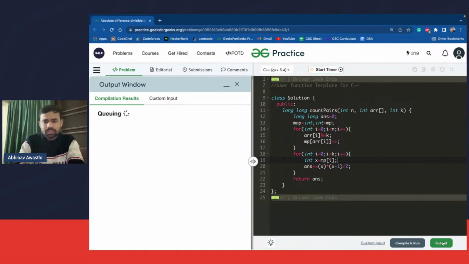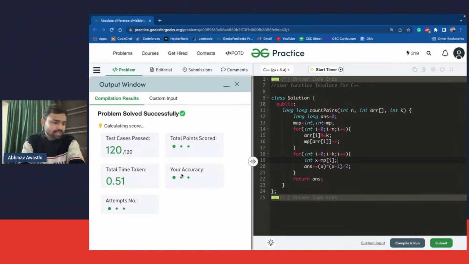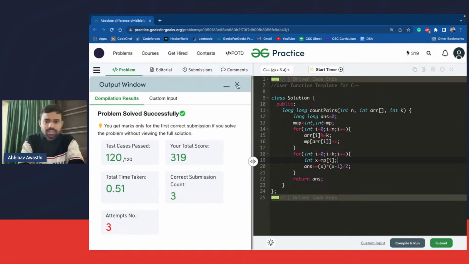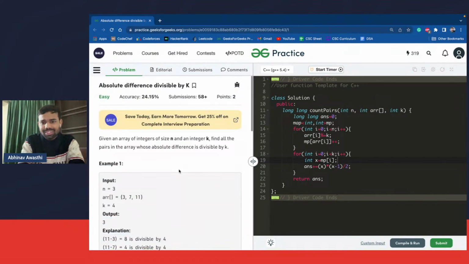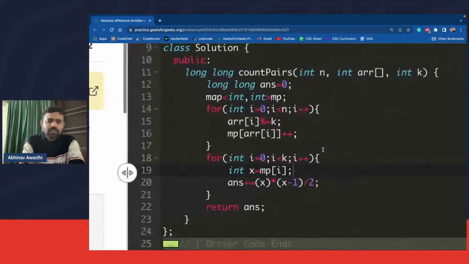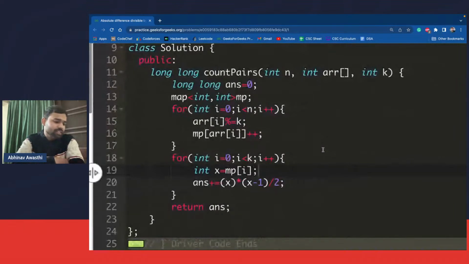Yeah, it ran fine for the given test case. Let's run it for all the test cases. Yeah, we got the right answer. We can also do it in one iteration. Yes, it is in one iteration only, sir.